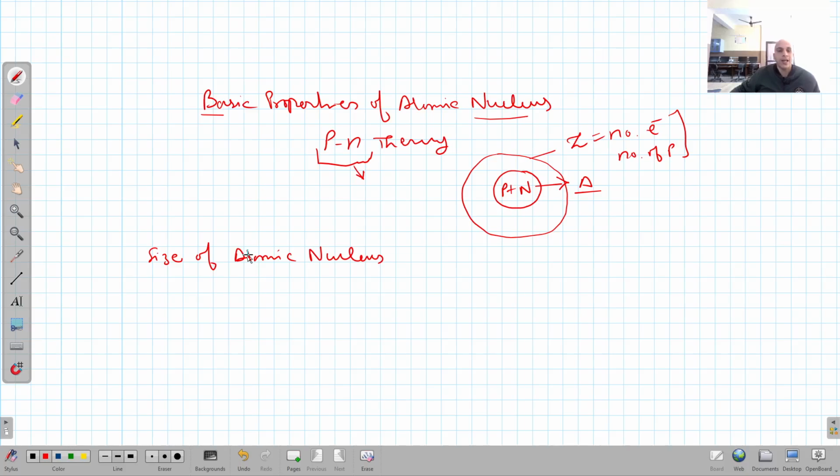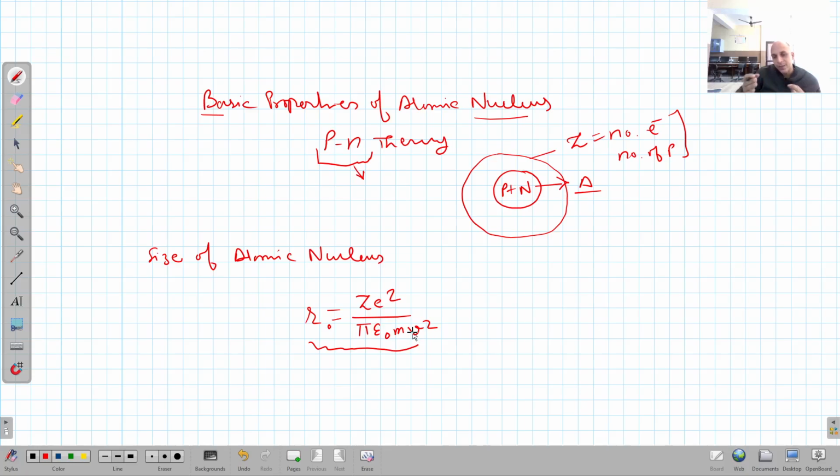And we have also tried to find the distance of closest approach in the Rutherford alpha ray scattering experiment, that was R naught is equal to Z e square upon pi epsilon naught m u square, where u is the velocity of the incoming alpha particle.